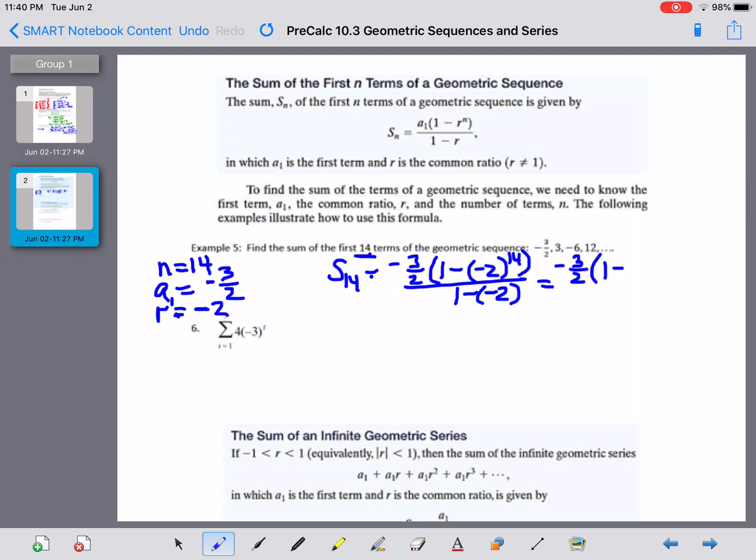I do get a positive number now, and it's about 16384 all over 1, and my minus and negative becomes plus 2, which is 3. So I get negative 3/2 times negative 16383 all over 3.